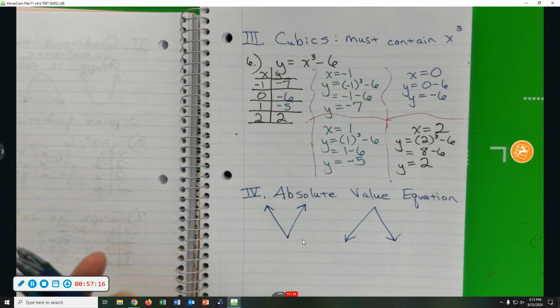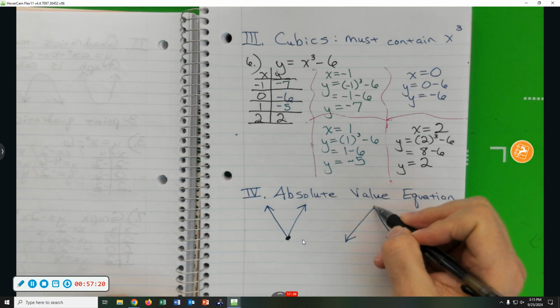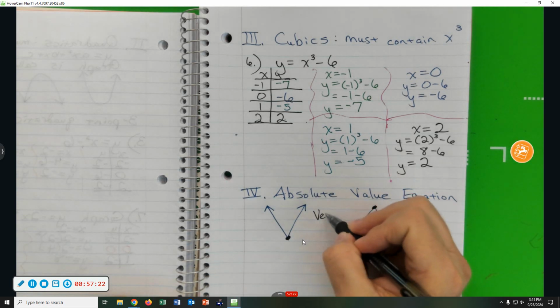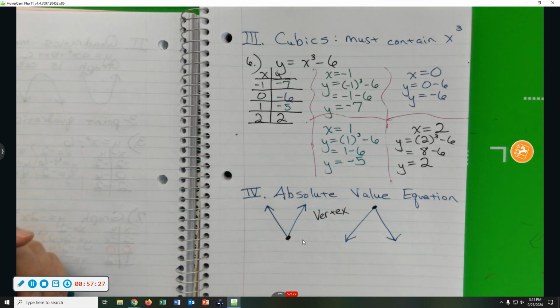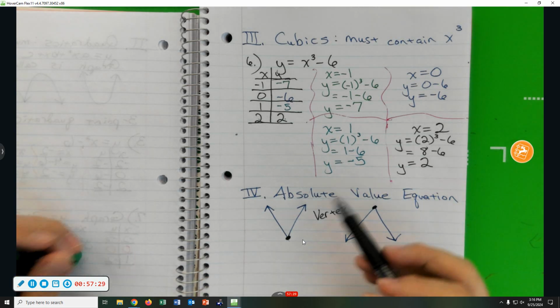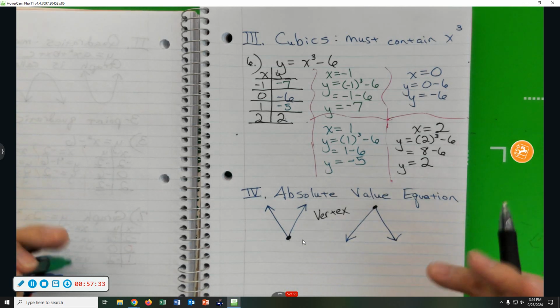The vertex is the point where the graph changes directions. With parabolas, we'll do quite a bit of work with the vertex of a parabola when we see that other assignment in a few weeks.